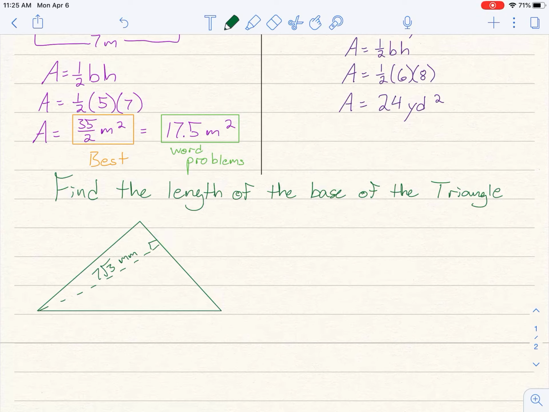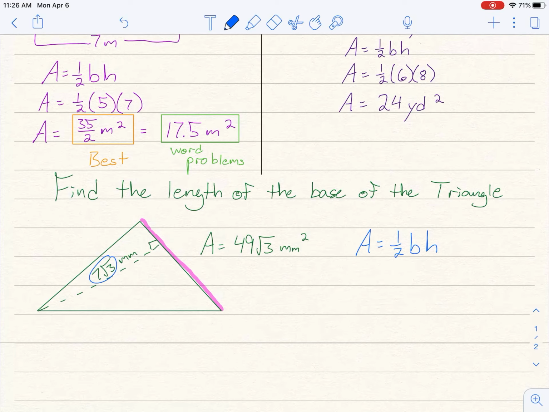It's 7√3 millimeters. And then the area of this triangle is 49√3 millimeters squared. So we are trying to find the base here. So in essence, we're trying to figure out what this length is. Now we know that for our shape, because it's a triangle, it's half of the base times the height.